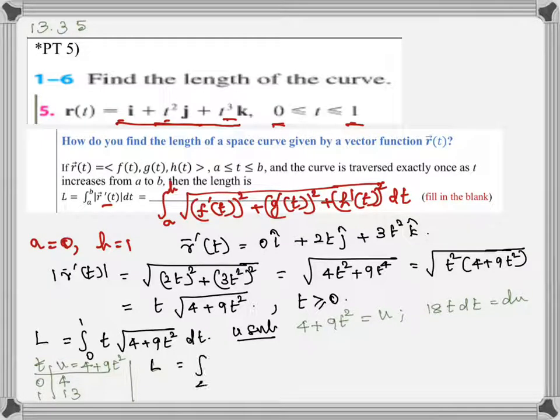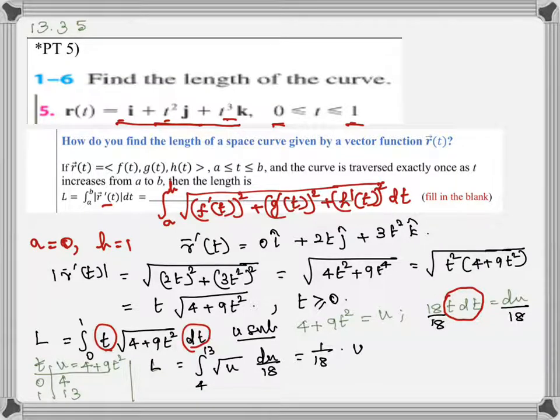With these values, we have to compute the L. So it is integral 4 through 13 square root of u, and then t dt. If we divide by 18, t dt becomes du over 18. Keep in mind, when you integrate, everything should be converted to the new variable. So that will be du over 18. So 1 over 18 can be brought out of the integral sign. It is u to the power 3 halves over 3 halves between the limits 4 and 13.